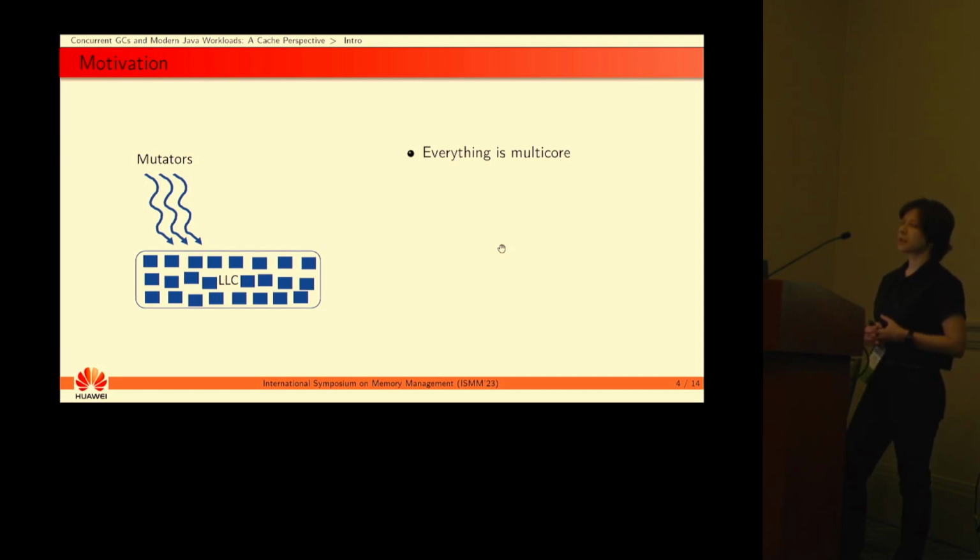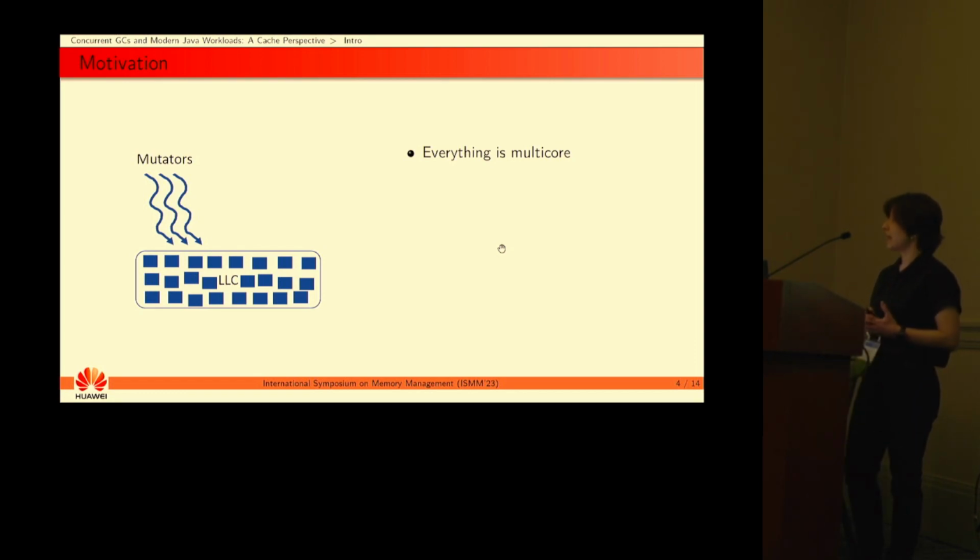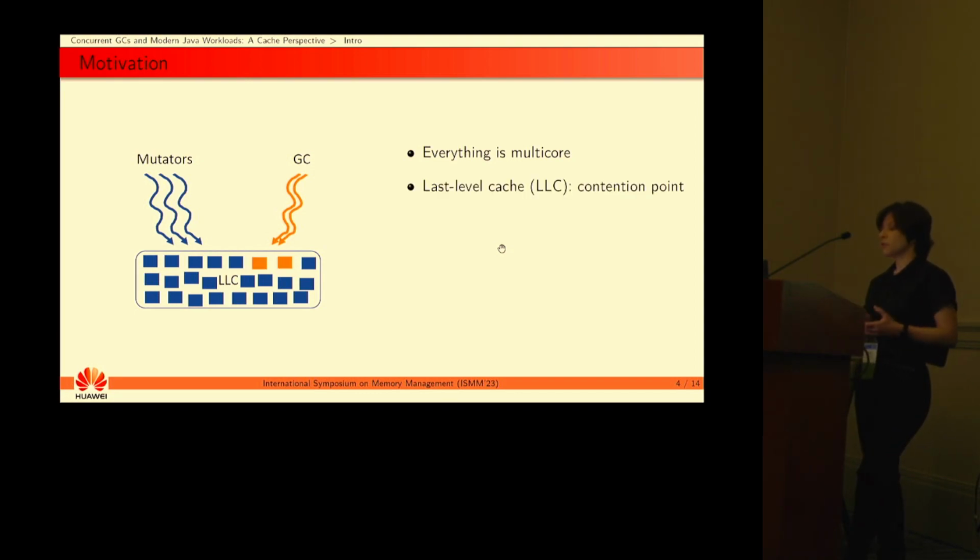Nowadays, everything is multi-core, so we have the application working on multiple threads, which are called mutators, bringing blocks of memory into the last level cache. And the GC working concurrently with the application, exactly at the same time, doing its stuff, and also bringing its own blocks of memory into the cache.